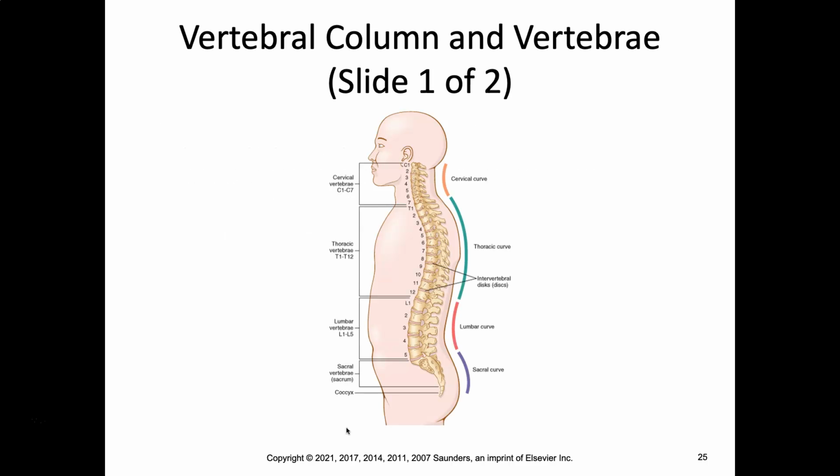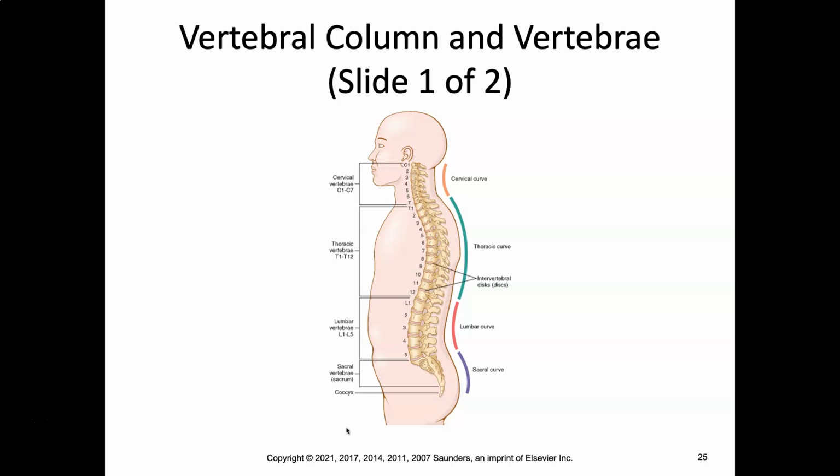So now let's look at your vertebrae or your spinal column, and let's take a look at the different sections. Did you know you had sections of your spine? The first 7 bones are called your cervical vertebrae, and they are for your neck. The next ones, there are 12, are thoracic vertebrae.